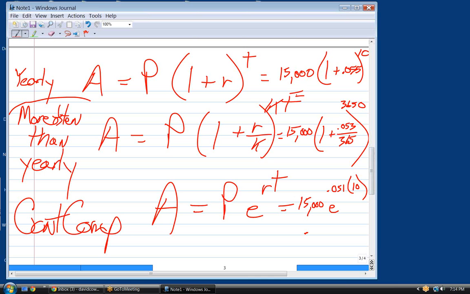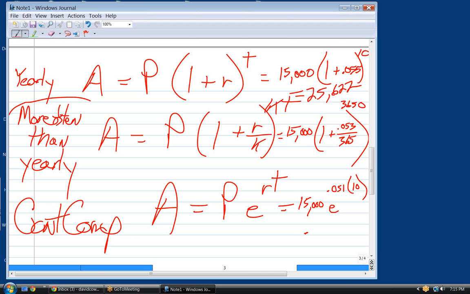What's 1.055 raised to the 10th power multiplied by 15,000 equal to? 25,622 and 16 cents. Okay, how about the second one? That's a little tougher to do.